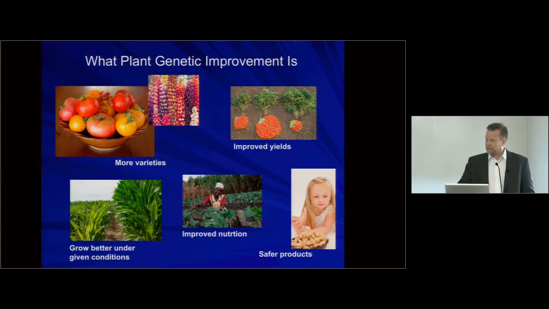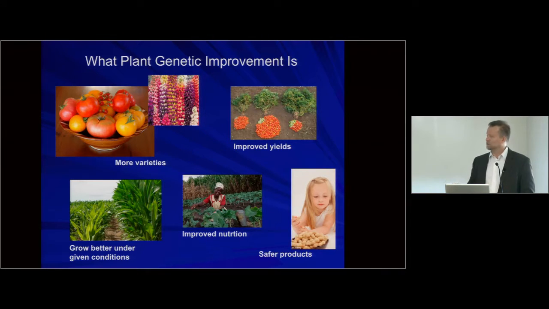Just plant genetic improvement, and we're not talking about genetic engineering, just genetic improvement, gives us more different varieties, helps us get better yields, growth under extreme conditions, improved nutrition. And that means better vitamins and nutrient content, as well as the removal of anti-nutrients, things that actually can be harmful. And then safer products, such as suppression of allergies, that kind of thing.